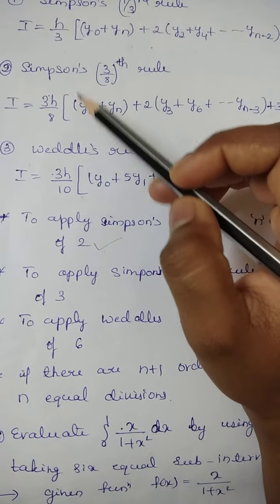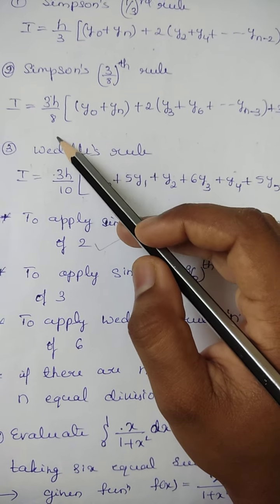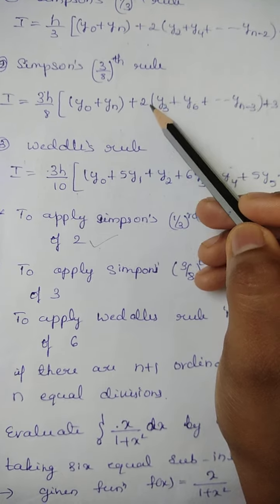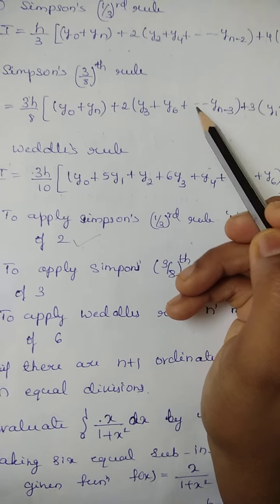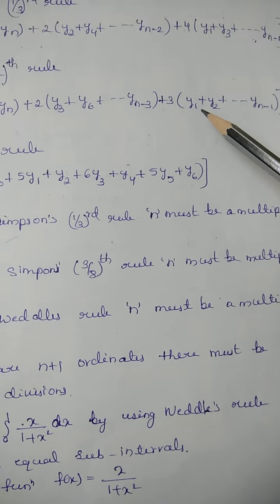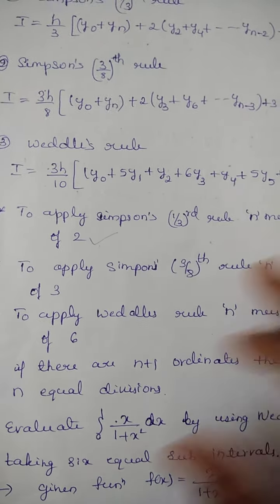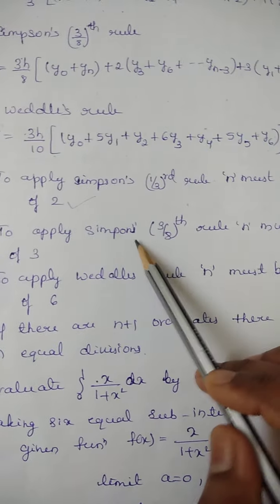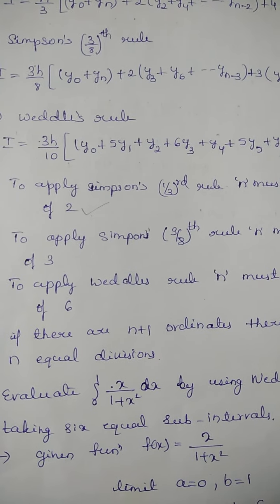Now let us see the second, Simpson's 3/8 rule. That is I is equal to 3h by 8 in the bracket y0 plus yn plus 2 times y3 plus y6 and so on up to yn minus 3, plus 3 times y1 plus y2 and so on up to yn minus 1. To apply Simpson's 3/8 rule, n must be a multiple of 3.